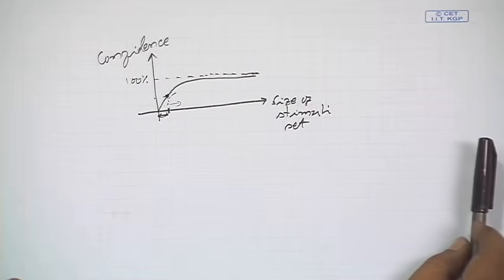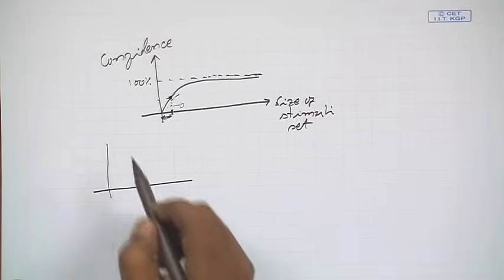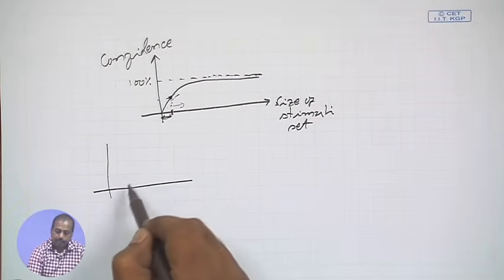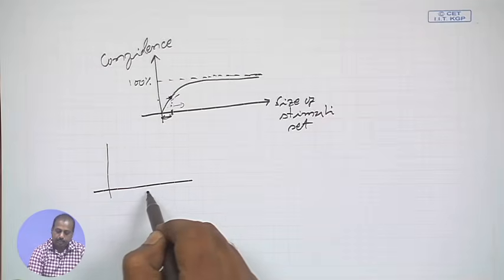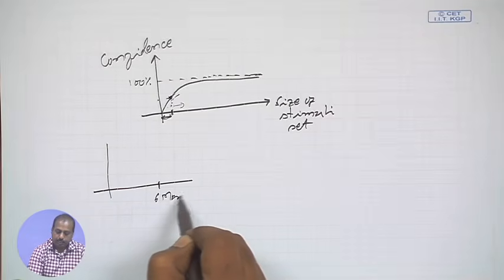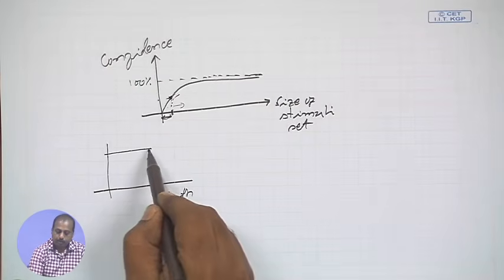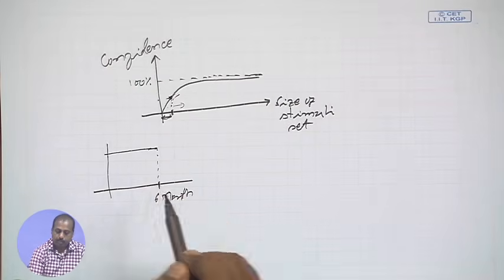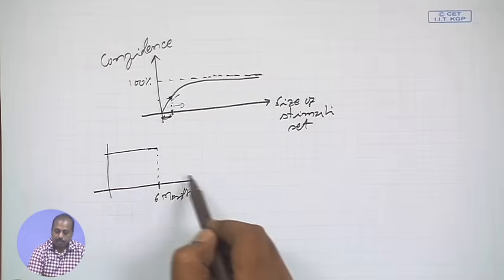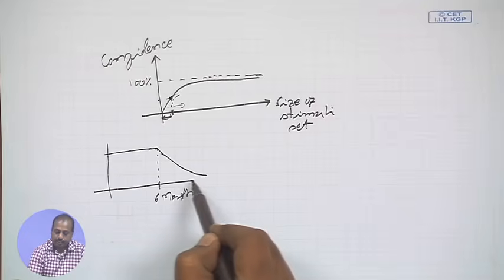If I have planned for producing some system, and the design can come within, say, 6 months, if the product can come within 6 months, maybe my profit will be very high. If it comes after 6 months, the profit may start decreasing like this.